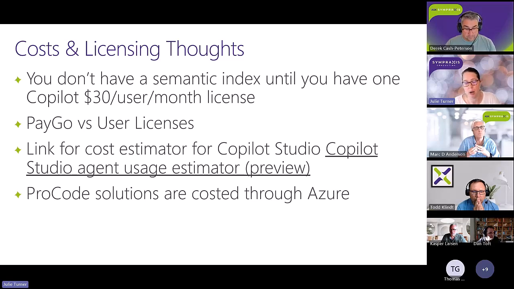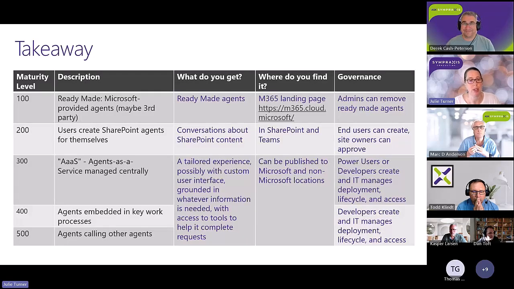All right, we are right at the end of time. Here's our takeaway slide. I'm going to let this sit up here, but essentially what we did is we took the maturity model levels and we said, okay, based on those, what do you get when you're at that maturity model? Where do you find it, and what some governance thoughts are around it? So those are some good things.